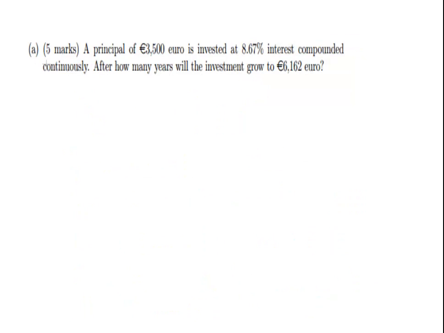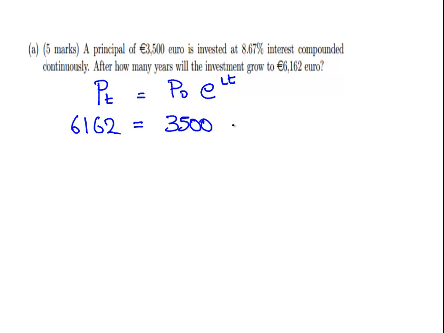So let's begin. Let's write it out again quickly. Pt equals P0 times the exponential of I times t. So 6162 equals 3500 times the exponential of 0.0867 times t. What we're going to do here is divide both sides by 3,500.